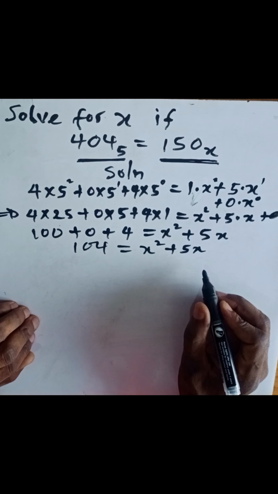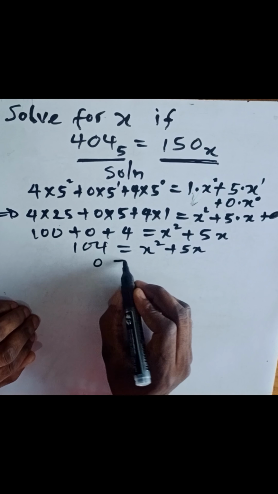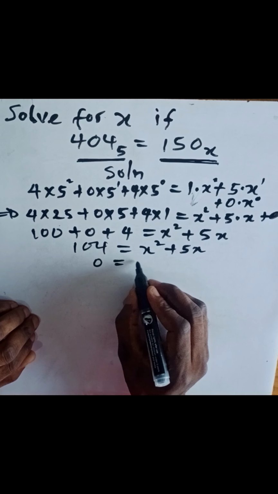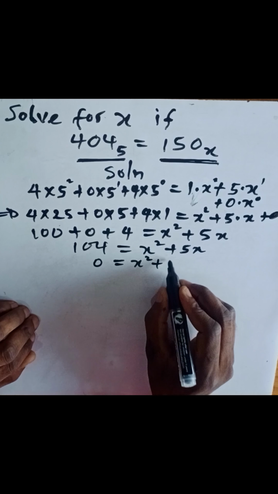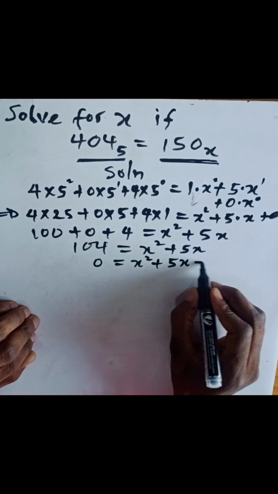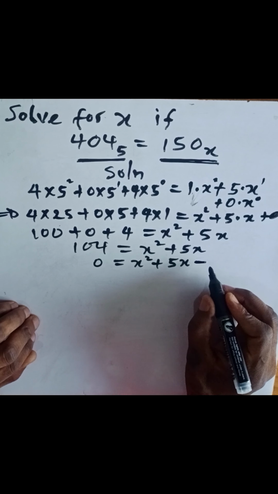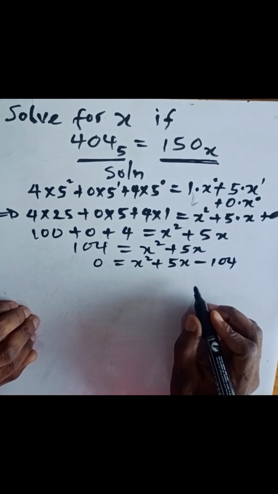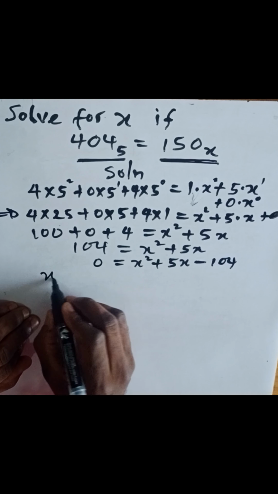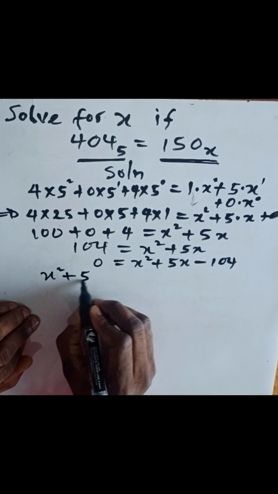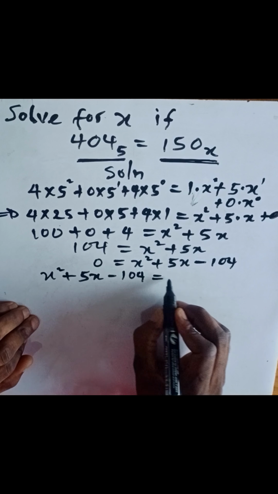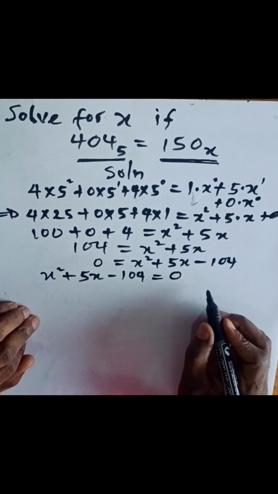If we rearrange this, we have x squared plus 5x minus 104 equal to 0.